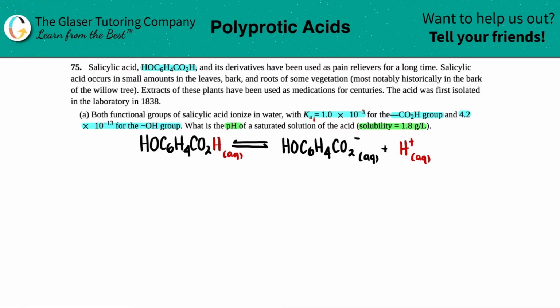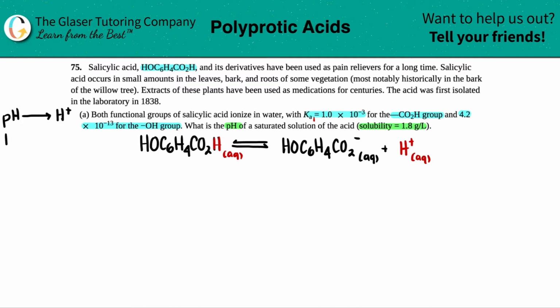Okay. So now we're dealing with weak Ka values. We want to find the pH. And remember, if I want to find the pH, the first thing I have to find is the H plus concentration, because there is one formula.